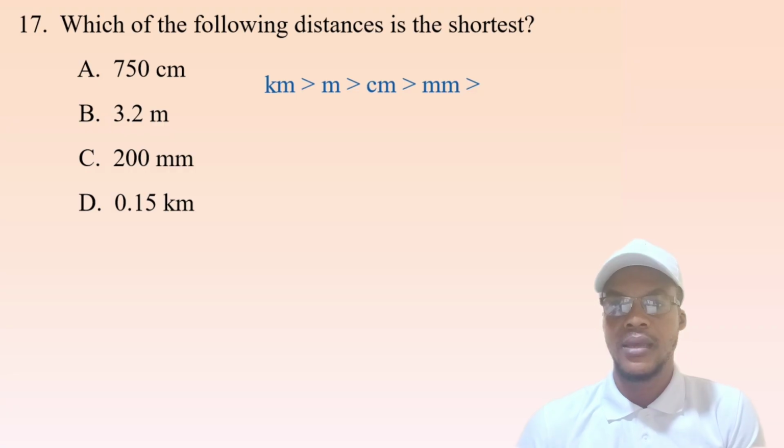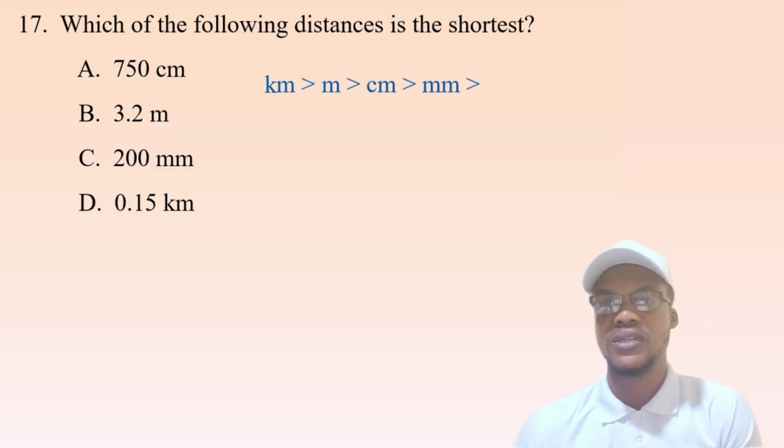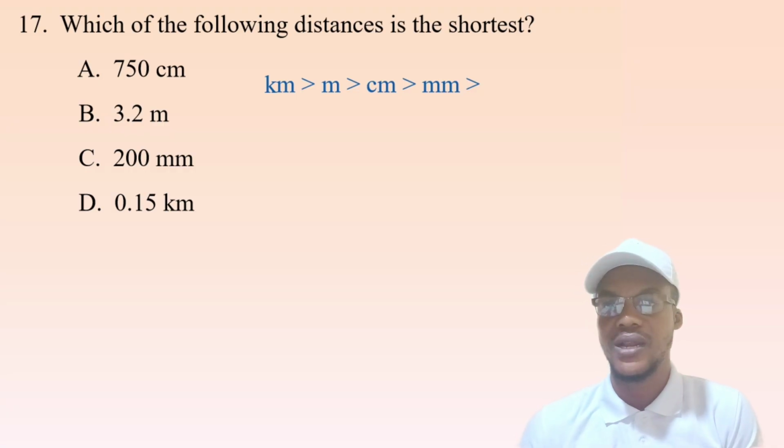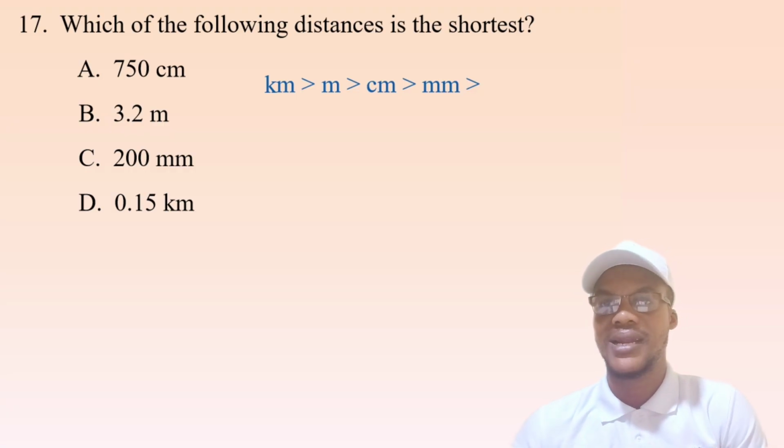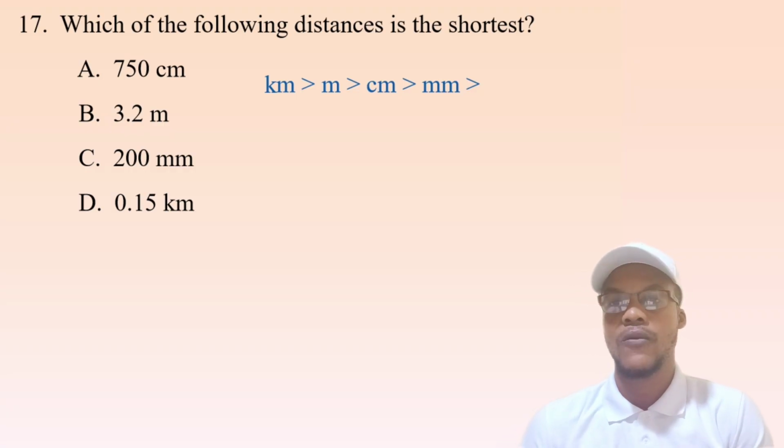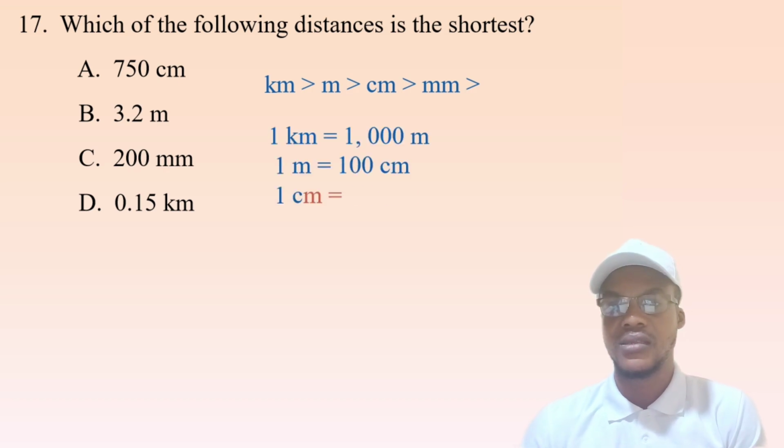From kilometers, we move towards meters. From meters, we move to centimeters and then millimeters. So if you compare these four units, you realize that millimeters is the shortest or the smallest among these four. It is in that order. Recall that we learned some of these measurements in our basic schools.